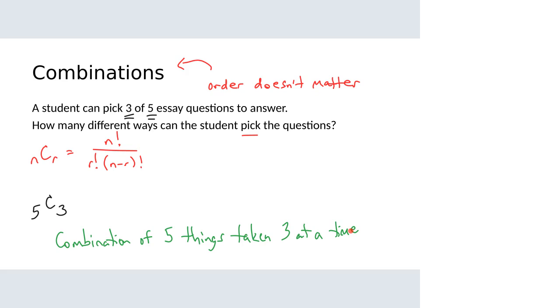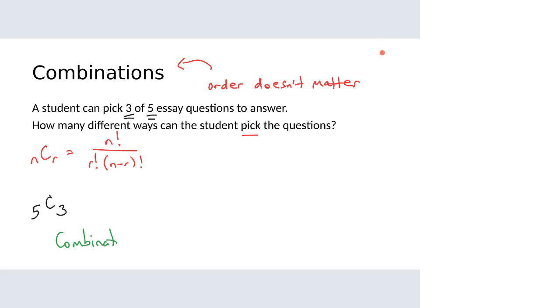A less formal way to say this is 5 choose 3. We don't really have a shortcut way for permutations, but we kind of do for combinations. So we could say 5 choose 3 for this one.